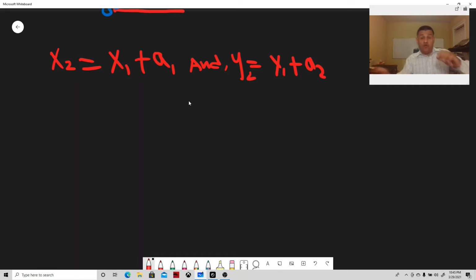So they did that for one point. Let me just get rid of this, it's not necessary. And then they say solving for A1 and A2.